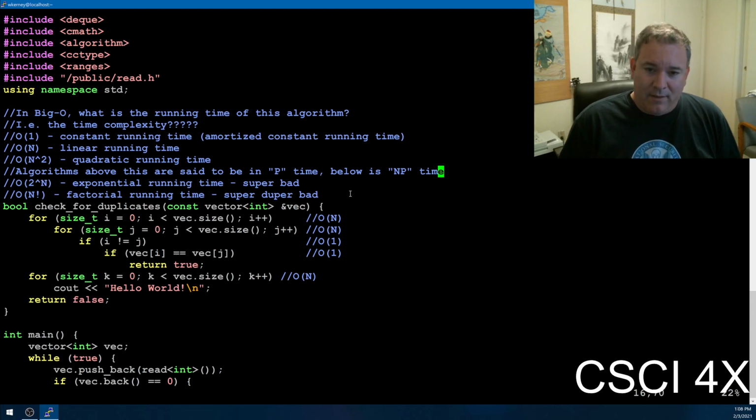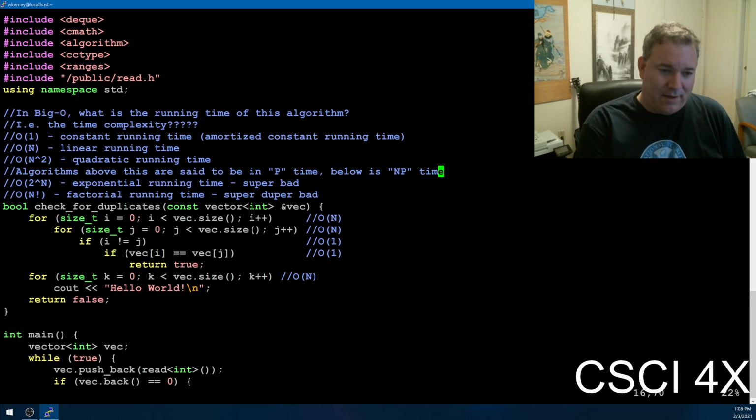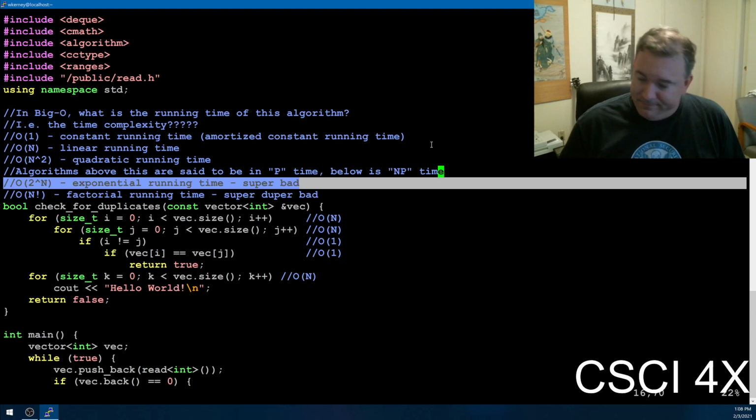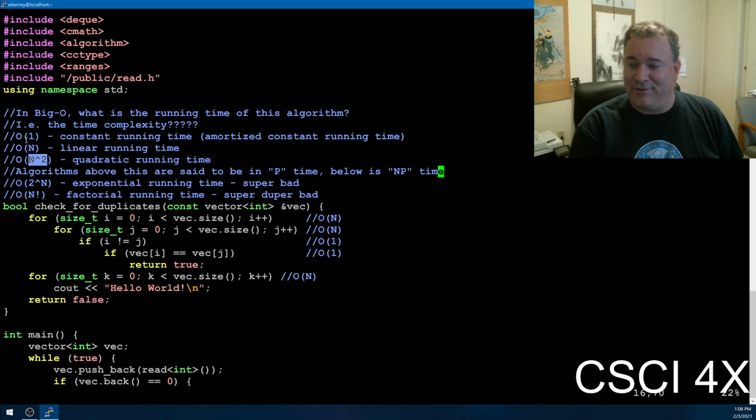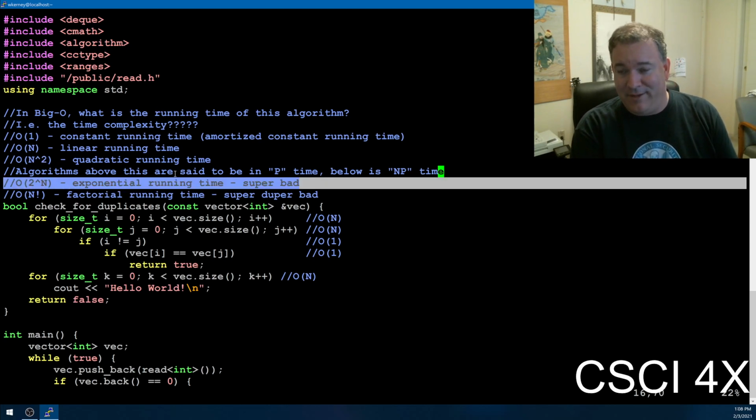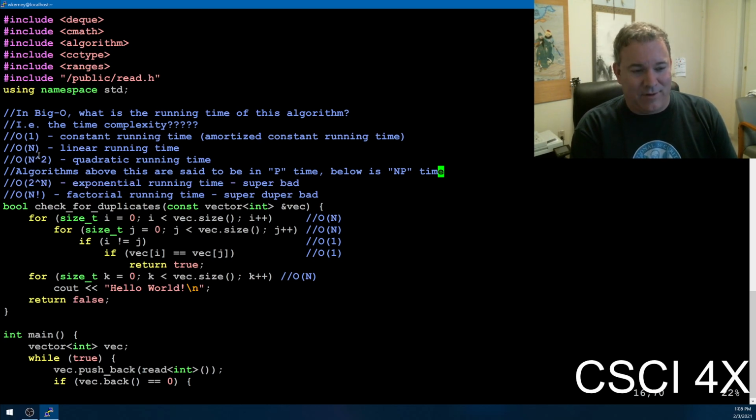So exponential running time is generally considered to be unsolvable. If you have a program of any size that matters, you can solve a 2 to the n algorithm if you've got 3 cities, right? 2 to the third power is 8. It's not that bad. It's actually faster than 3 squared, which is 9. So for 3 cities, the exponential algorithm is actually faster: 2 to the third, 2, 4, 8, whereas 3 squared is 9.